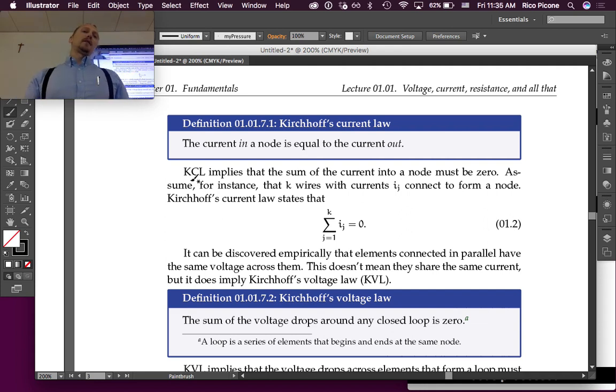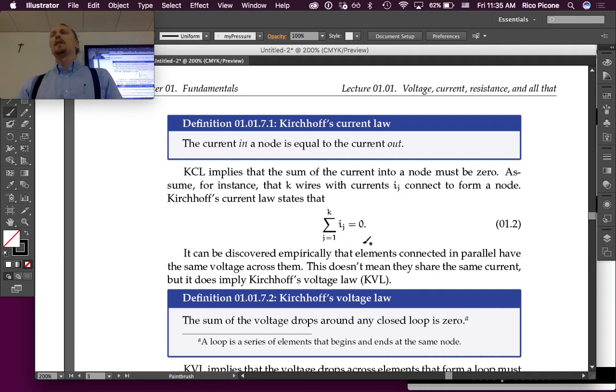So we often will abbreviate Kirchhoff's current law as KCL, implies that the sum of the current into a node must be 0. Assume, for instance, that K wires with currents Ij connect to form a node. Kirchhoff's current law states that if we sum up those currents, it has to equal 0.